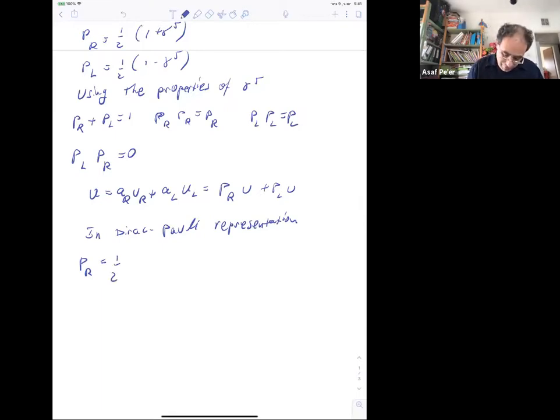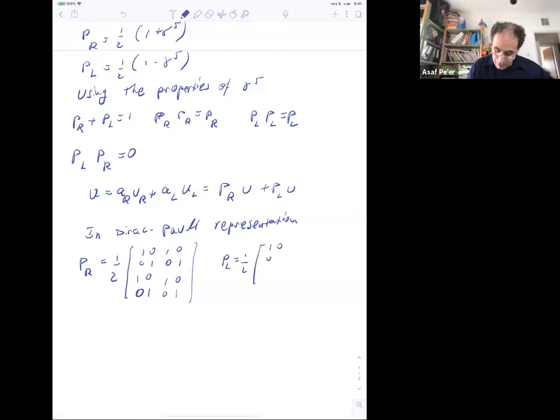P_R is 1/2, then it will be 1, basically 4 units, right? 1, 1, 1, and 1. Then P_L is 1/2 of 1 minus 1, minus 1 and 1.